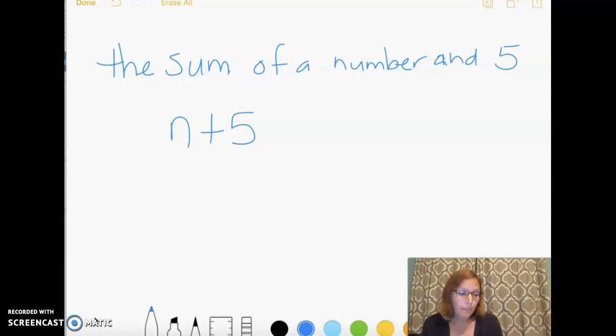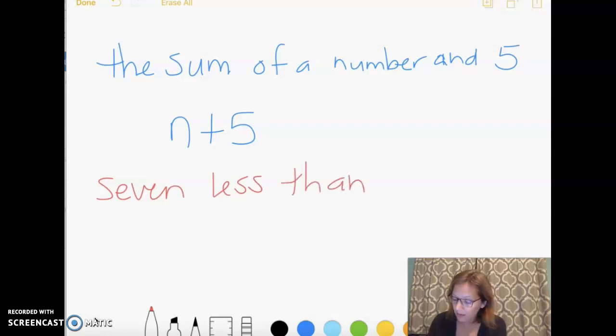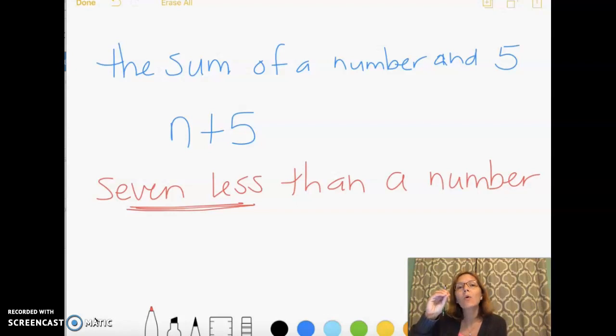All right? Let's try another one. This one can be a little bit tricky. When it says 7 less than a number, if you see something less or something more at the beginning of the sentence, that part has to go on the end of your expression, or you're going to get it wrong, especially if it says less. If it says more, that's adding, so it really doesn't matter the order.